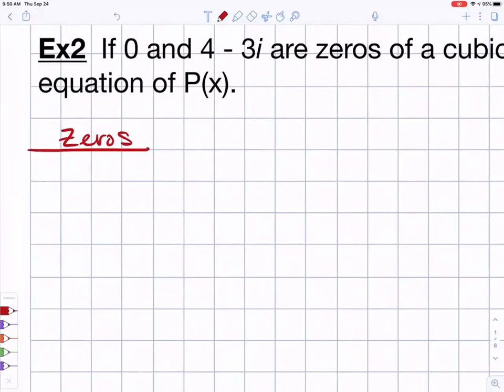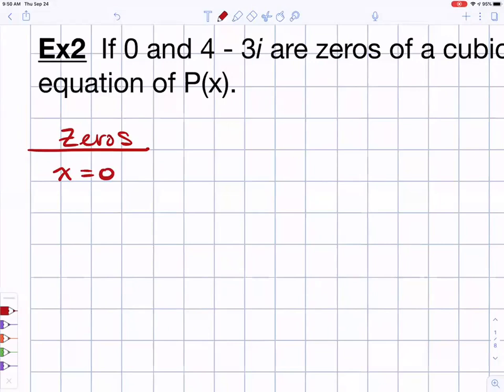What's my first 0 that I'm told? What's the proper way to write that? X equals 0. And you said, but Ms. Roberts, can't I just write 0 because I'm too lazy to write an X? That's fine, but it will mess you up. And if it messes you up, I'm not going to feel sorry for you because I told you not to do it. I wouldn't count it wrong, but it will come back to bite you.